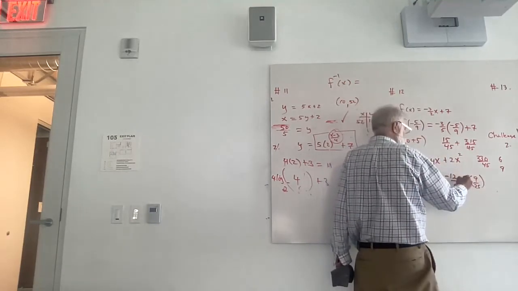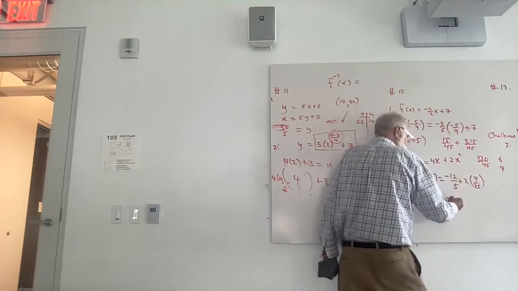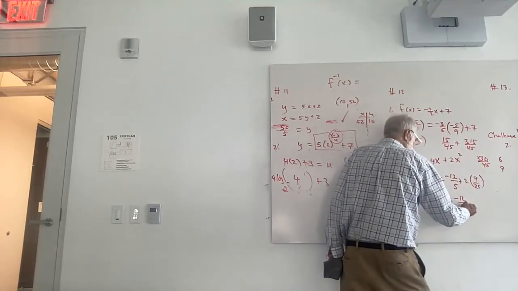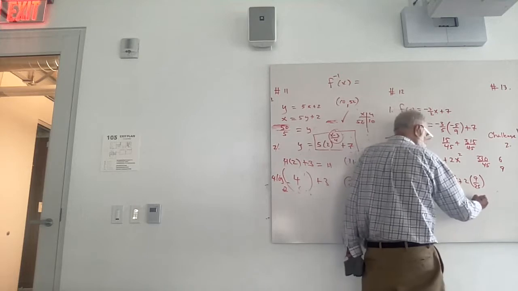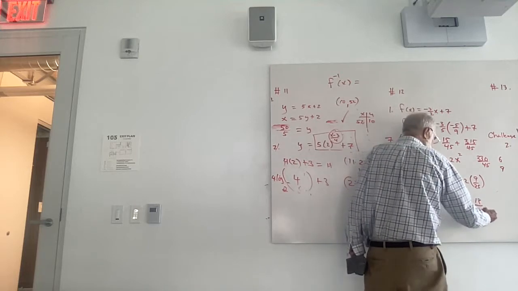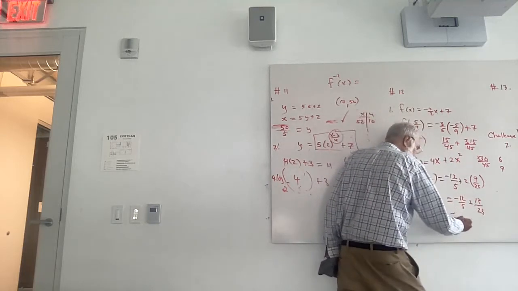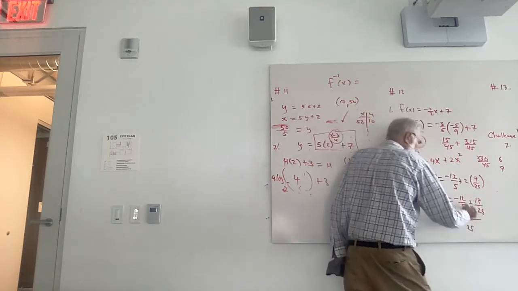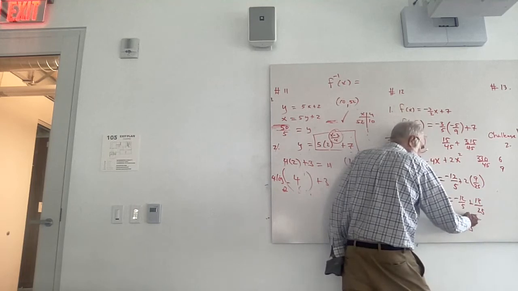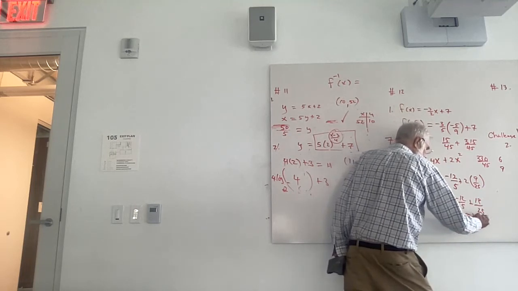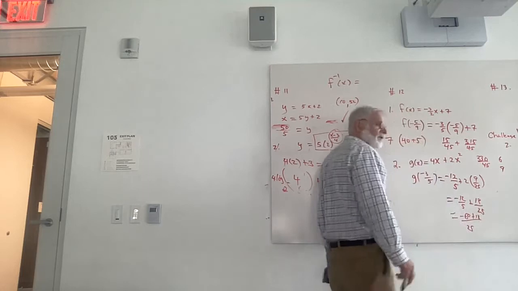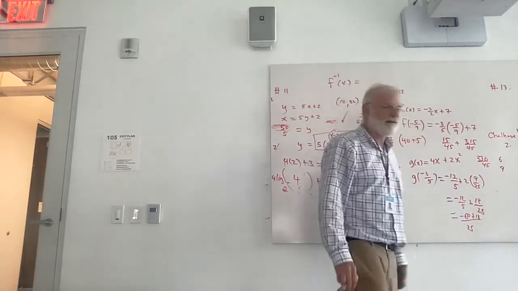I still have to double that. So that becomes minus 12/5 plus 18/25. The easiest way to deal with this is multiply numerator and denominator by 5. And so that gets me minus 60 plus 18. I'll let you finish it from there. Over 25, and there's your fraction practice.